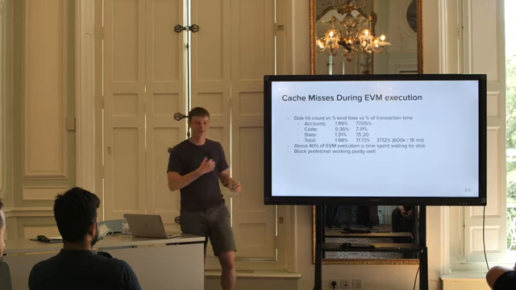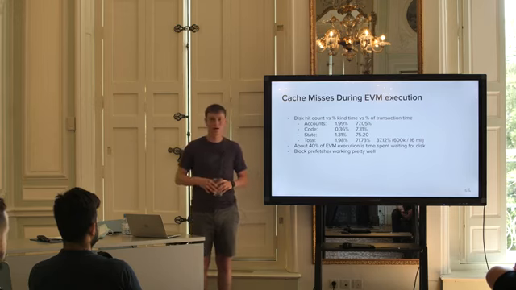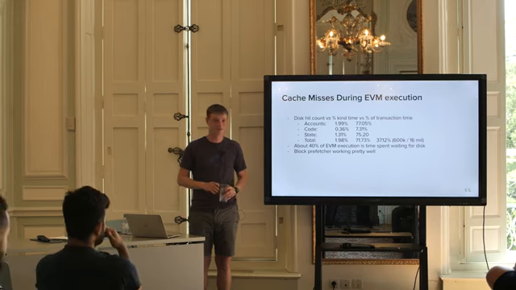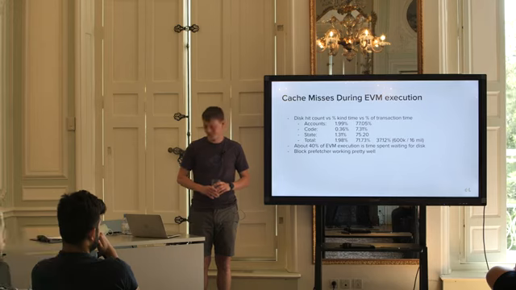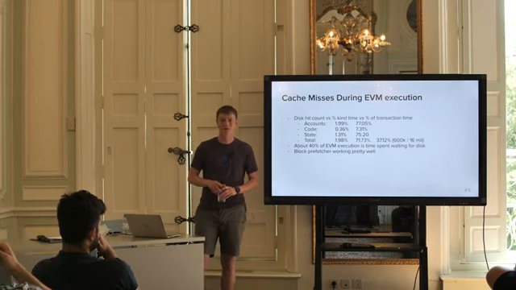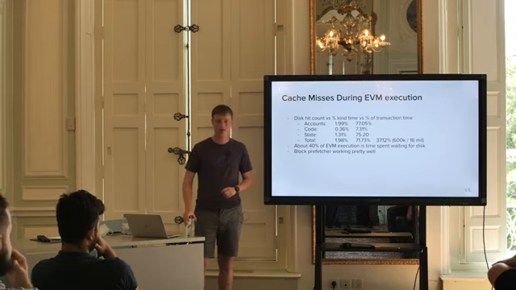So now this is, I think, the really cool part to me: cache misses during the execution itself. It turns out the pre-executor is doing a really good job. It also turns out that the small percent of misses takes up a huge amount of the time.